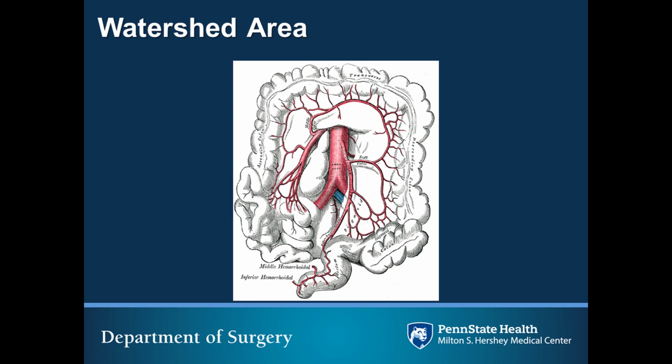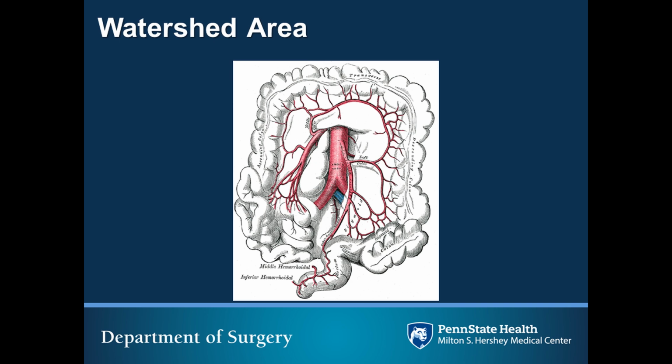Of note, a watershed area refers to a point where the two of these meet, and is an area that is at risk for low blood supply. One such area is at the splenic flexure.